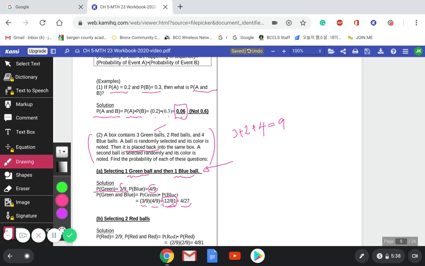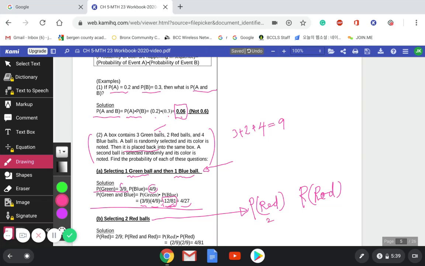Okay, now how about the probability of selecting 2 red balls, which means the first one is red and the second one is also red. So the probability of red would be what? 2 red balls out of 9.